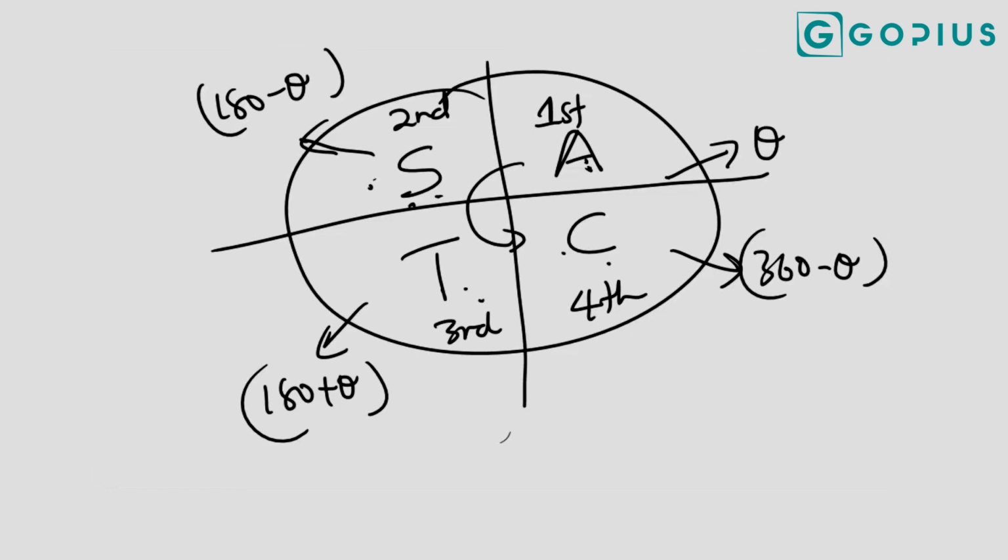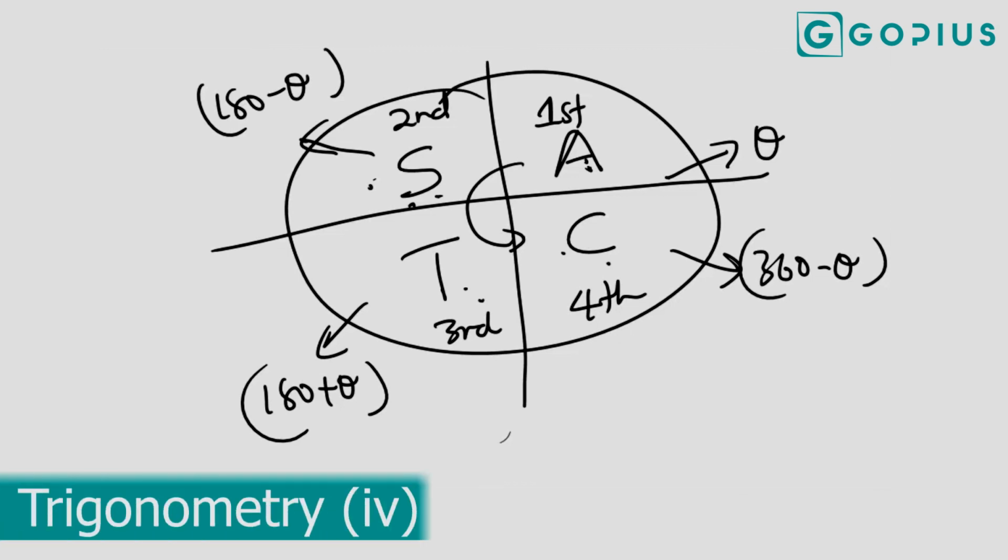Third quadrant, only tan is positive, meaning the inverse of tan, which is cot, will also be positive. Every other guy, which is sine and cos now, with their inverses too, will also be negative. And finally, in the last quadrant, what we have is cosine being positive, meaning inverse of cos, which is sec, will also be positive. Every other guy there will be negative.